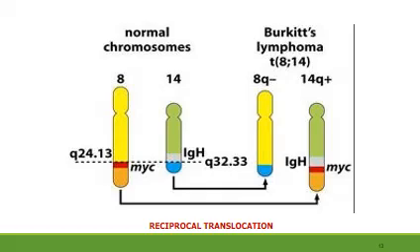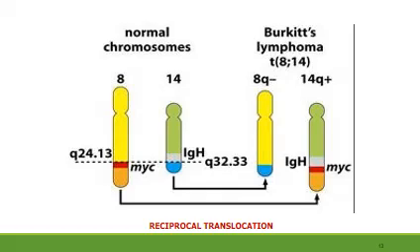Simultaneously, a short segment of chromosome 14 is split off and joins chromosome 8. So in the second half, chromosome 8 now contains the blue portion, which is the small segment of chromosome 14, and chromosome 14 has the small segment of MYC lying adjacent to the H gene, which is actively transcribing for immunoglobulins.